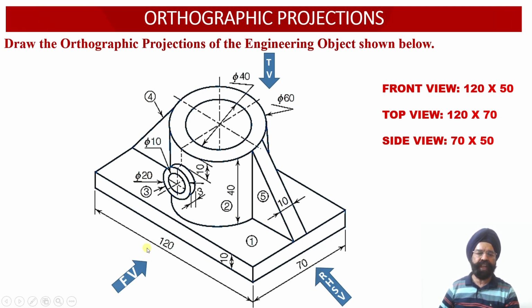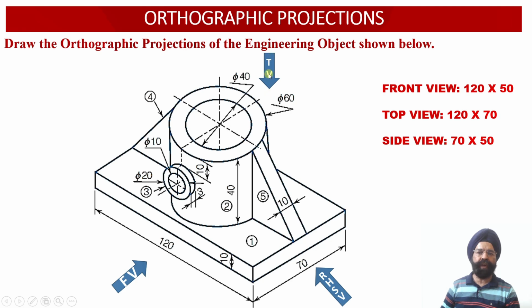When the observer looks at the solid from the front view orientation, we observe that the width of the solid is equal to 120 millimeter, while the height is equal to 40 millimeter plus 10 millimeter, which is equal to 50 millimeter. So the front view face of the solid measures 120 millimeter width by 50 millimeter height.